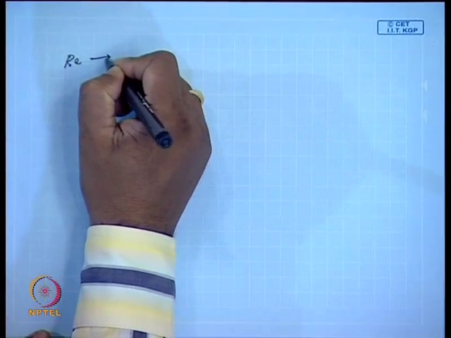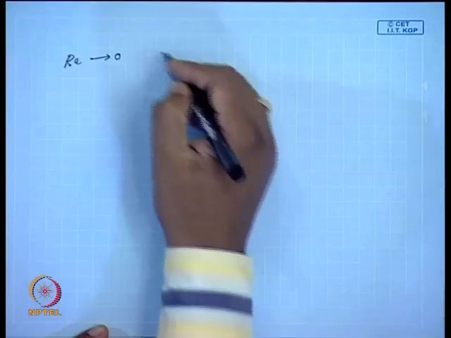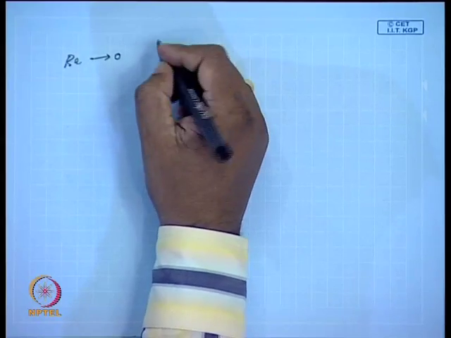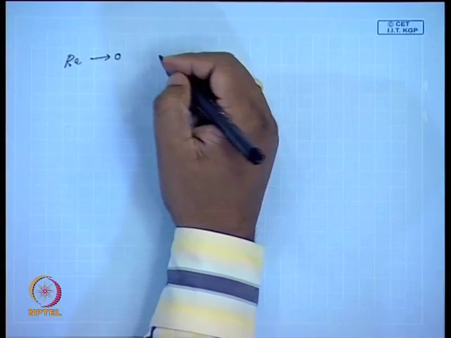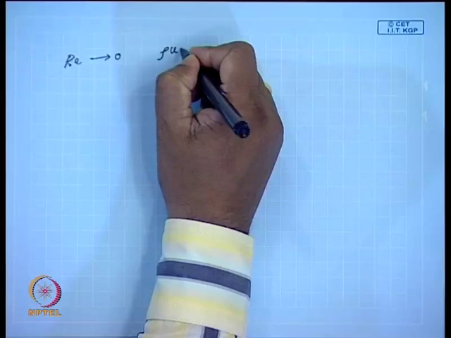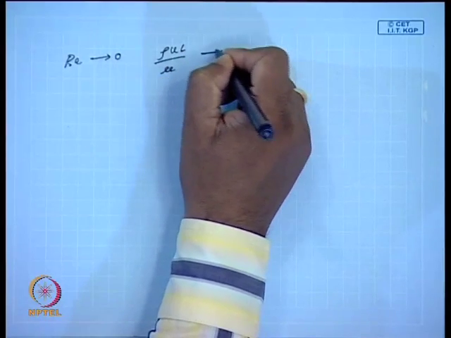Now, what will happen to this Reynolds number if Re tends to 0? Let us see. If Re tends to 0, that means rho u L by mu will tend to 0.